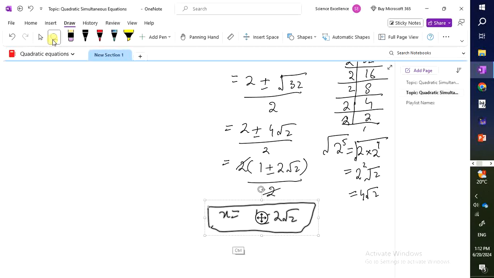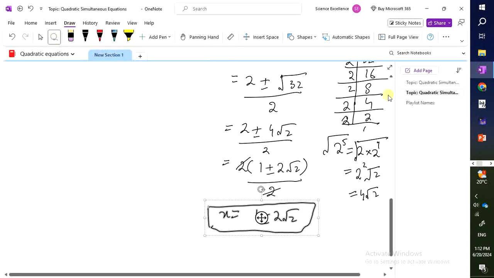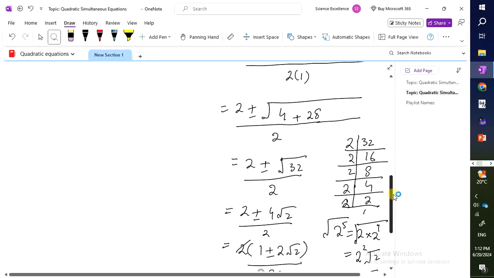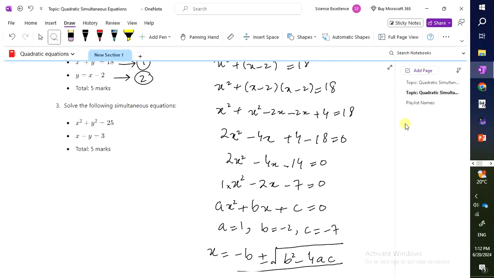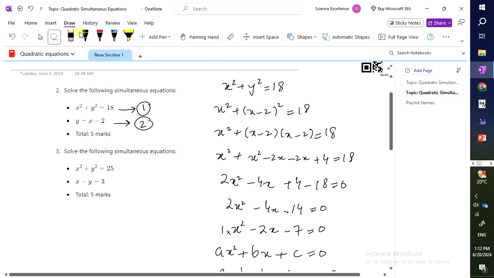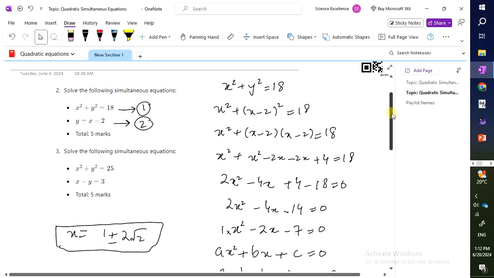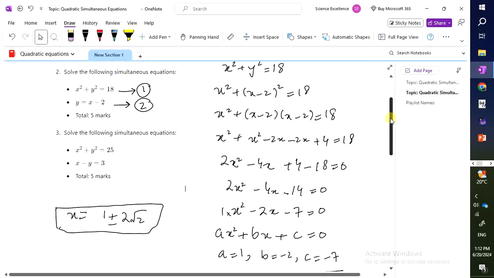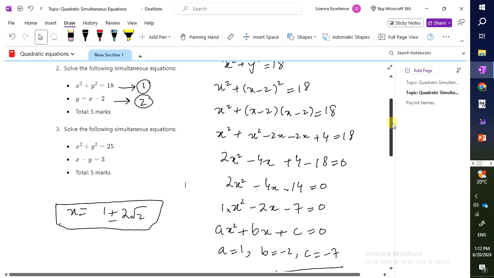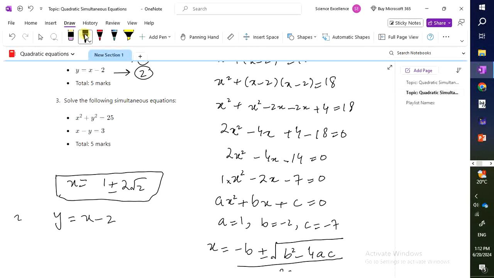Okay, so let's copy this, and now we need to substitute these values of x into equation number 2 to get the values of y. So these are the values of x, and equation number 2 is y equals to x minus 2.